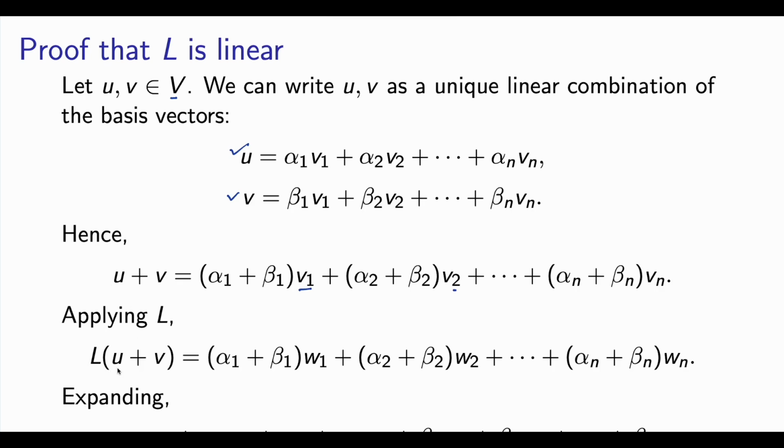If we apply L, L of u plus v is nothing but alpha 1 plus beta 1 times L of V1, and L of V1 is nothing but W1, right? So we are replacing all the transformed values with W1, W2, ..., Wn.